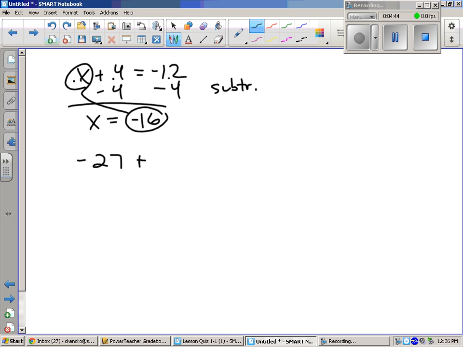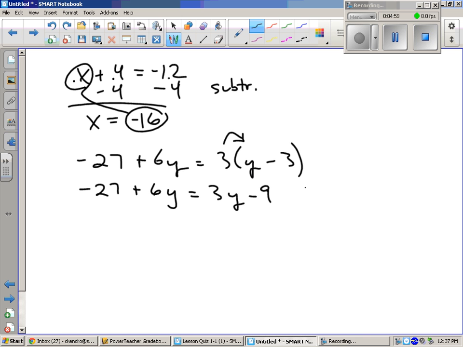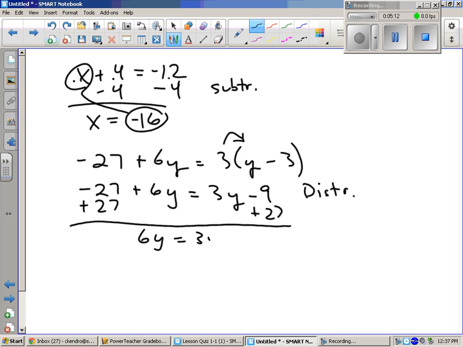All right, let's try a little bit more challenging one. -27 plus 6y equals 3y minus 3 (in parentheses, with a 3 outside). First thing I'm going to do here is distribute this. So -27 plus 6y equals 3y minus 9. That's the distributive rule. Then I am going to add 9 to both sides, and that leaves me with plus 18.